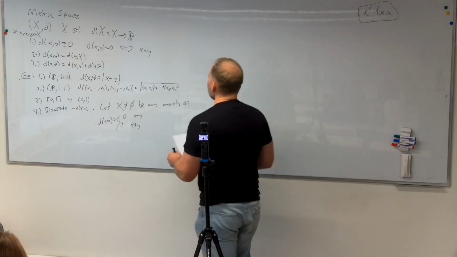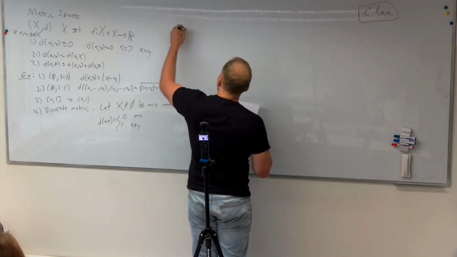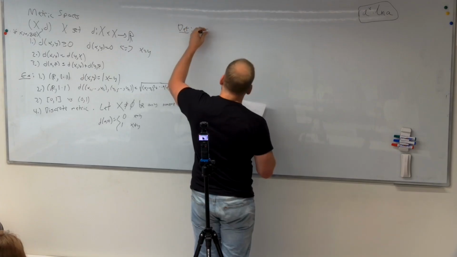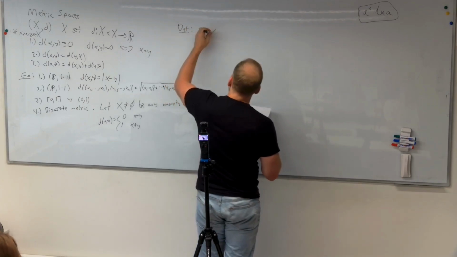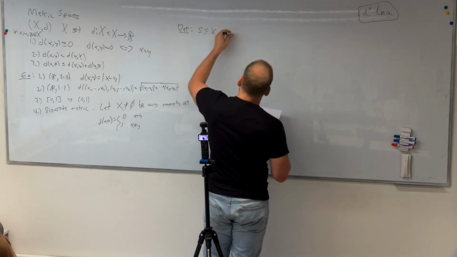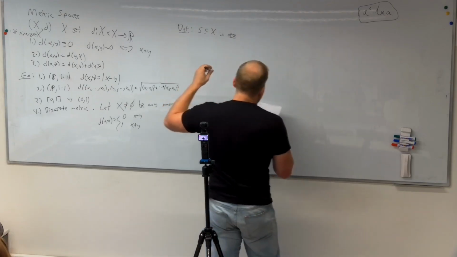What's an open set? The definition is that S, a subset of X, is open. We care a lot about open sets and closed sets.